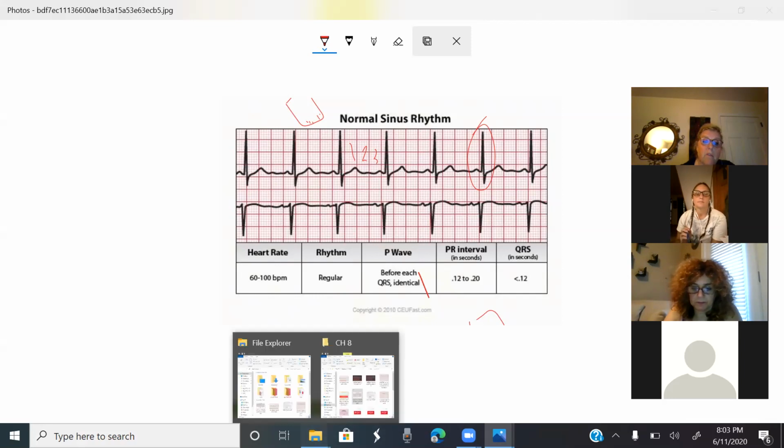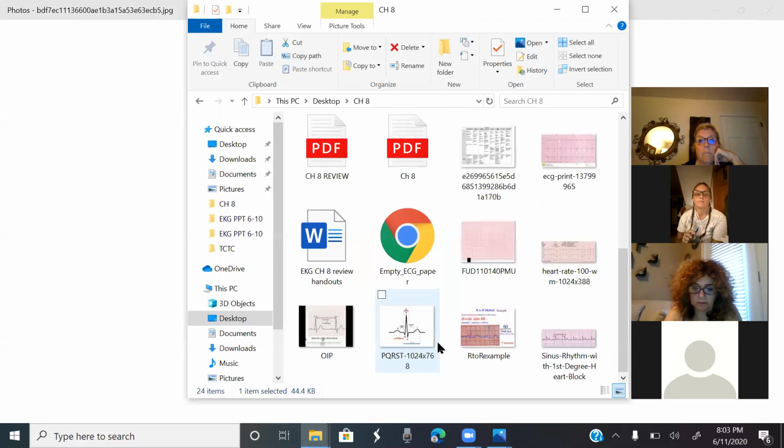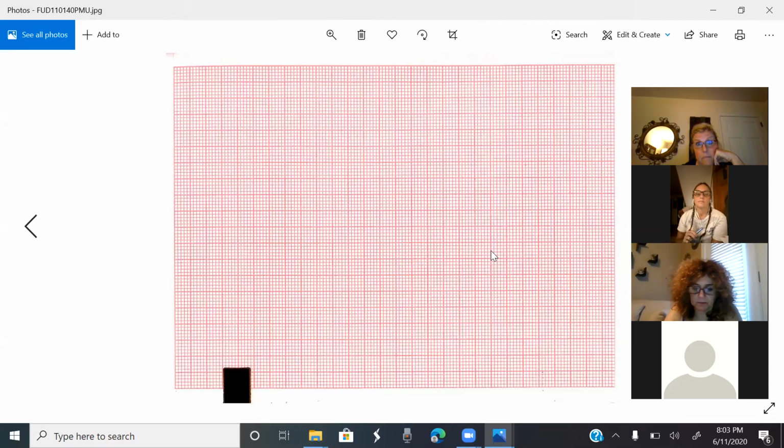Here, let's give you a different paper. Can y'all see that? It's a blank page.